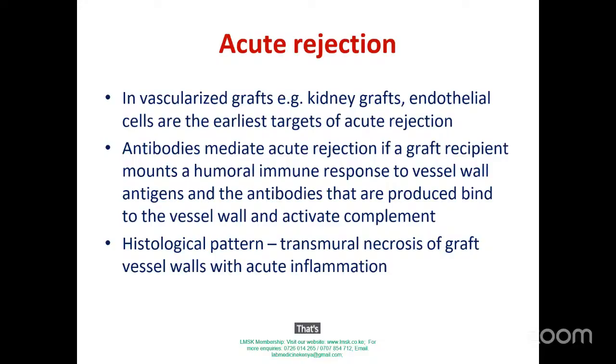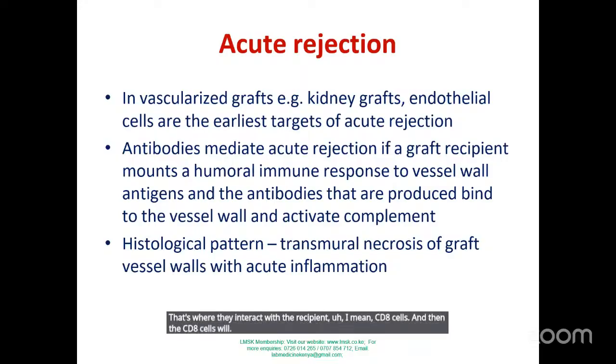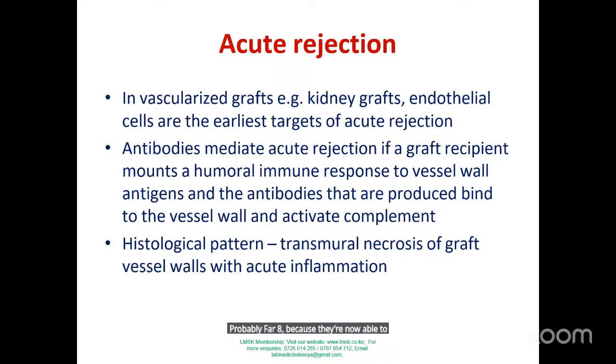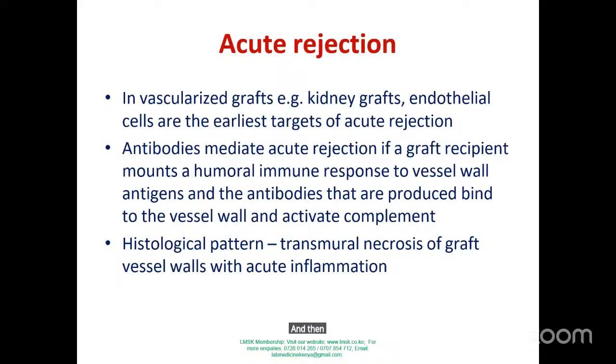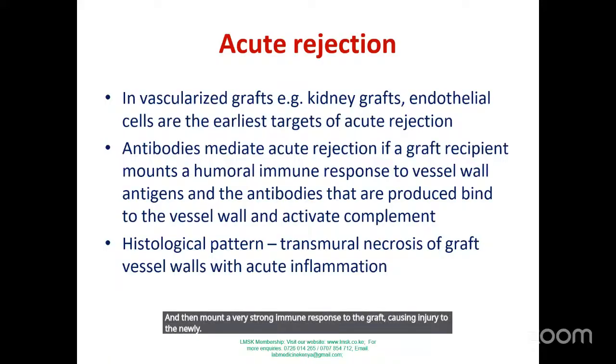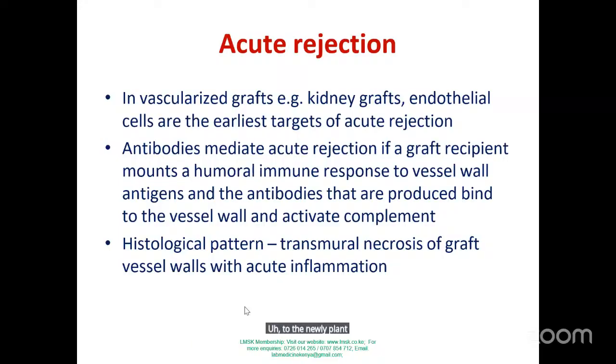That's where they interact with the recipient CD8 cells. And then the CD8 cells will proliferate because they're now able to recognize the donor allo-MHC. Once they proliferate, they become effector T cells, traffic back to the graft, and mount a very strong immune response, causing injury to the newly introduced graft.